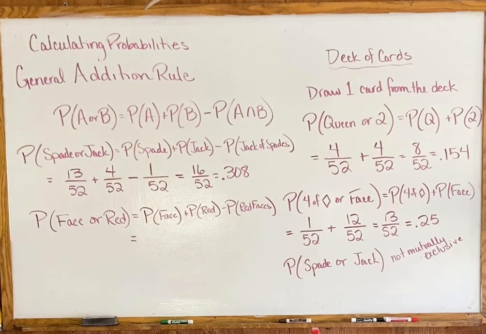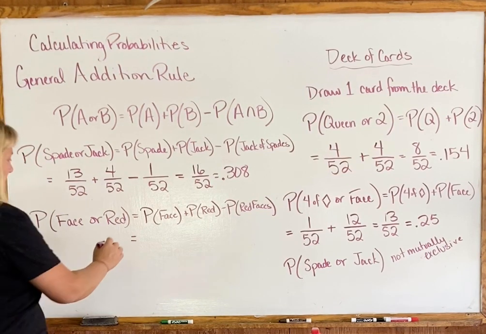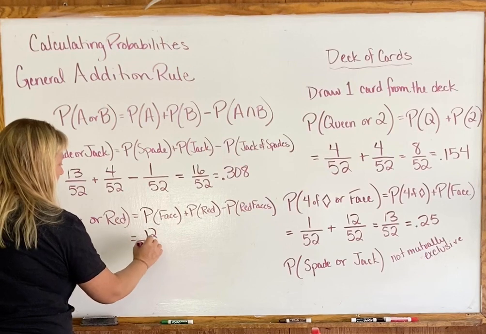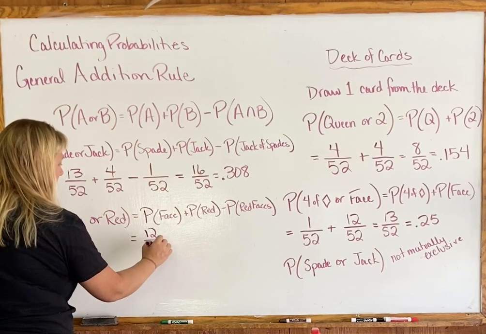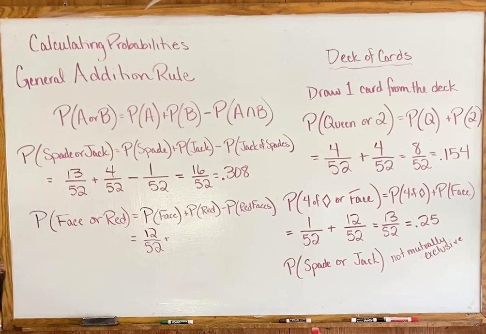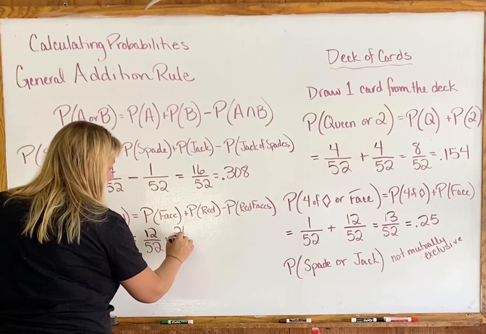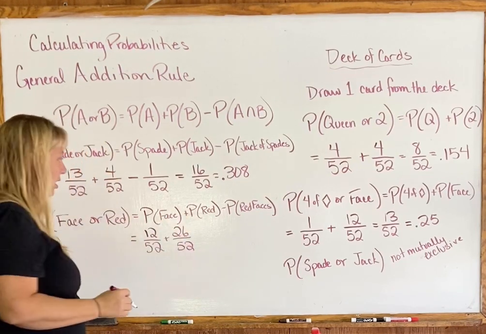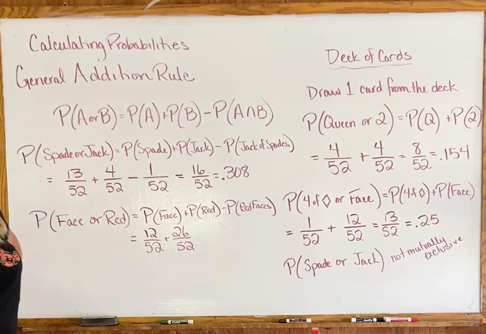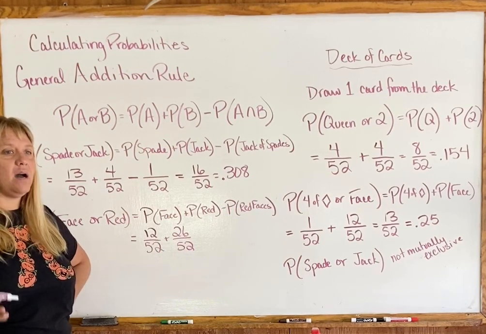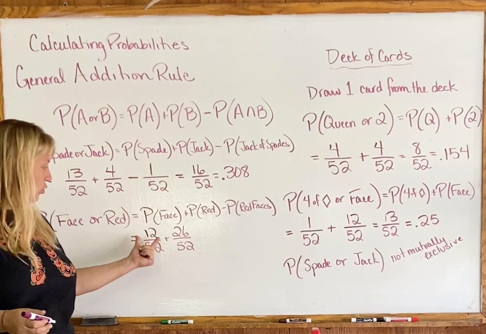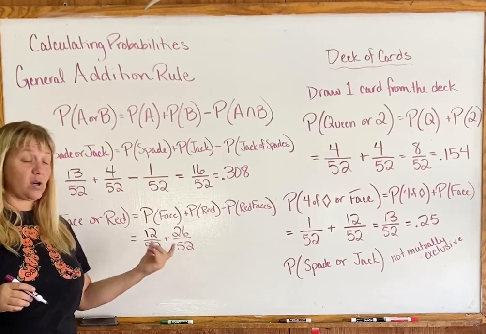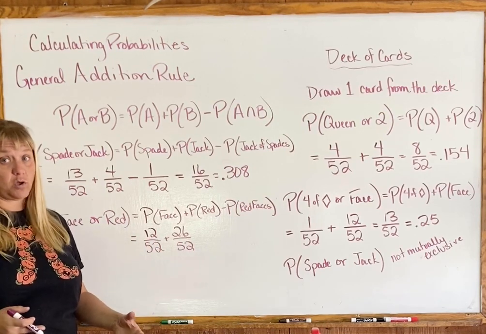We've said before, there are 12 face cards in the deck, so we start with 12 out of 52. Then half of the deck is red, so we could say 26 out of 52. So face cards plus the red cards. But now we have to remember how many of those 12 face cards are also red.